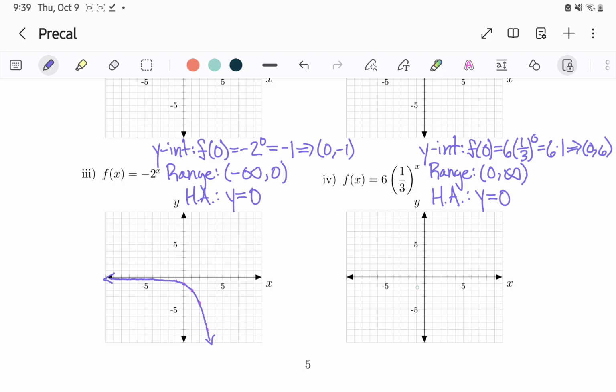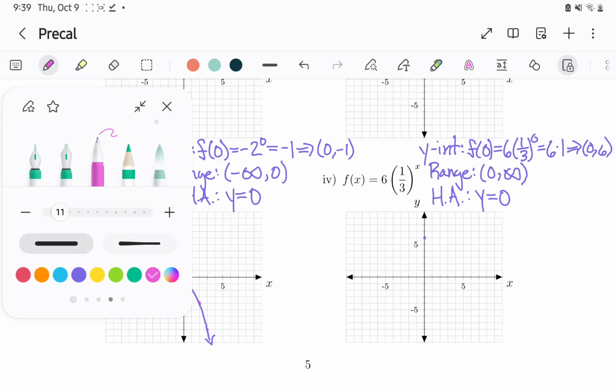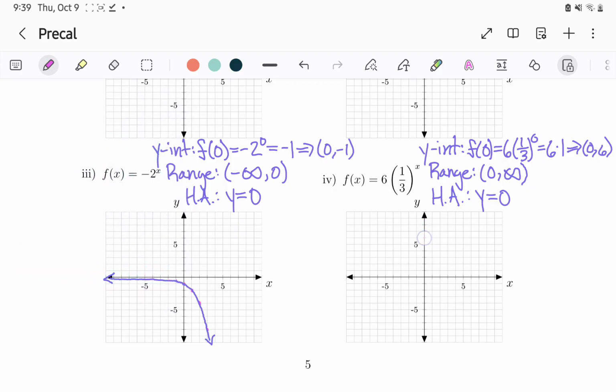Okay. So let's go ahead and sketch our graph for f of x in example 4. Let's plot our y-intercept first, here at 0, 6. And f of 1 is equal to 6.